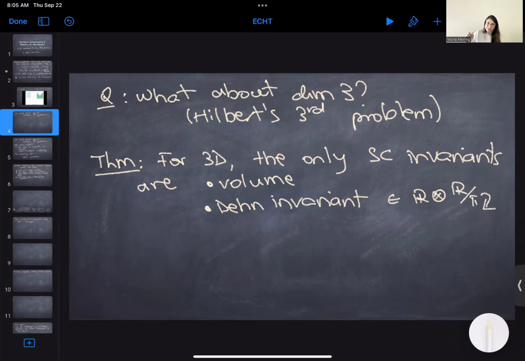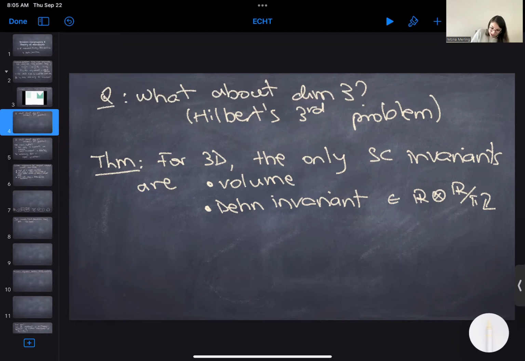I have just learned recently that apparently this paper of Dehn is the first instance in math where the tensor product appeared, where it was defined the first time, even though of course he didn't call it the tensor product, but he basically defined the tensor product in order to define this invariant.